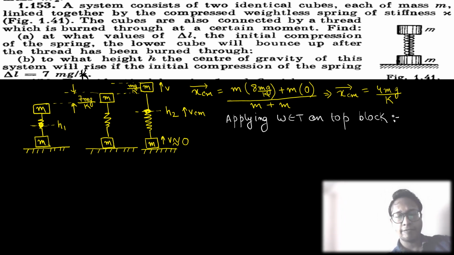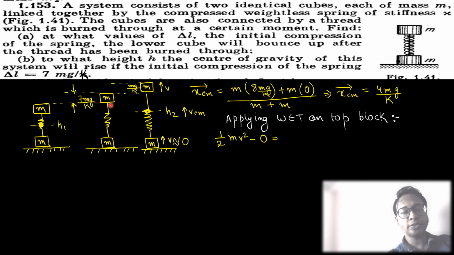I would get half mv square, the final kinetic energy, minus the initial kinetic energy, 0, minus 0. What are the forces doing work on the top block? Spring force and gravity force.